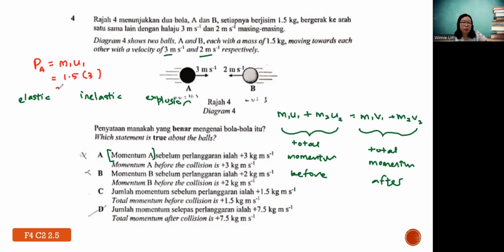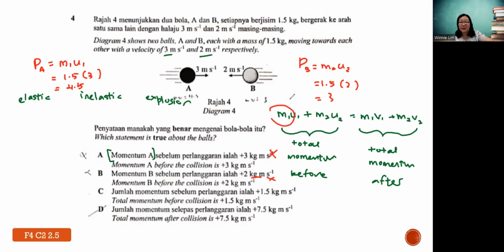So by right, you're supposed to get 4.5. So that means this is not correct. Then B before collision should be 2, so we find m2u2, 1.5 times 2. You're supposed to get 3. Also not correct. Then total momentum before collision is 1.5. Now, bear in mind, momentum is a vector quantity.